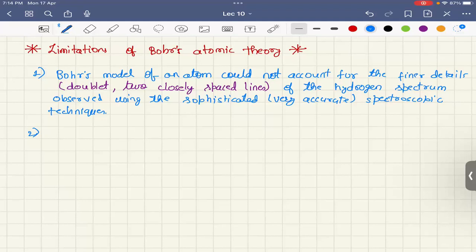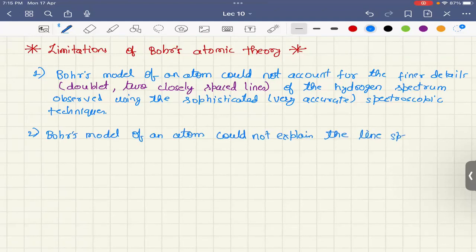So the second drawback of Bohr's theory was that it could not explain the line spectra of atoms containing more than one electron, right?